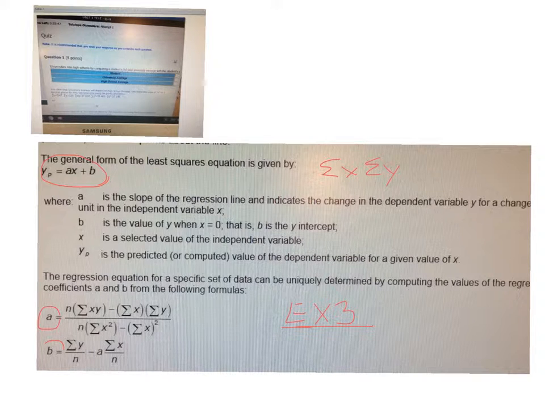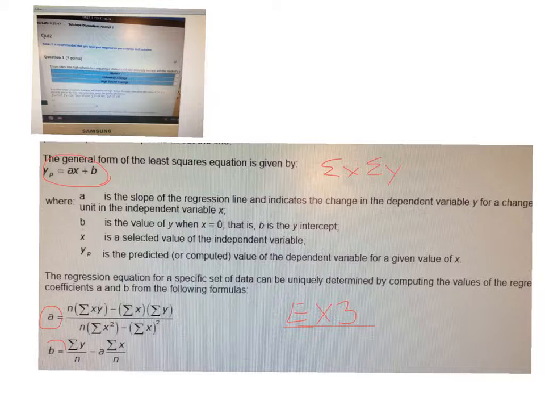You cannot use the unit test as a learning tool. You need to know the material before you try it, okay? So this all comes from the lesson Unit 3, Lesson 3.